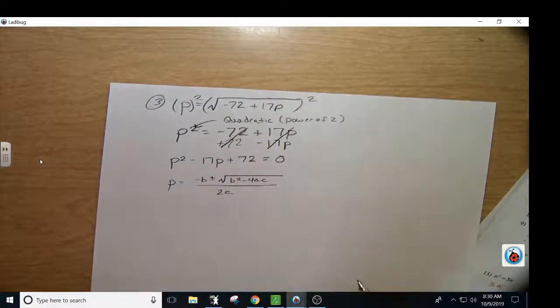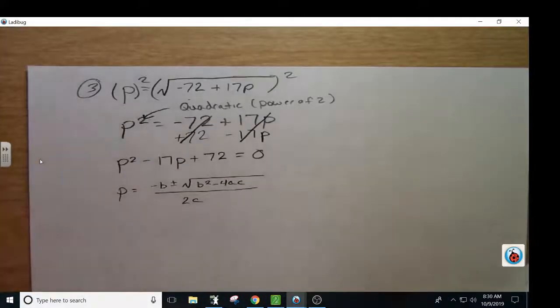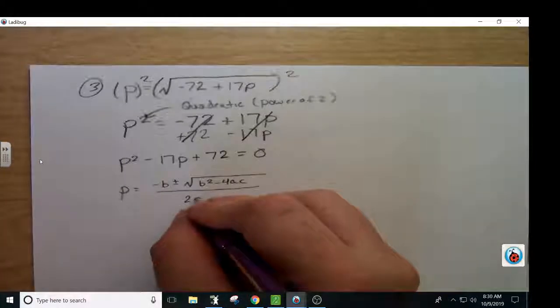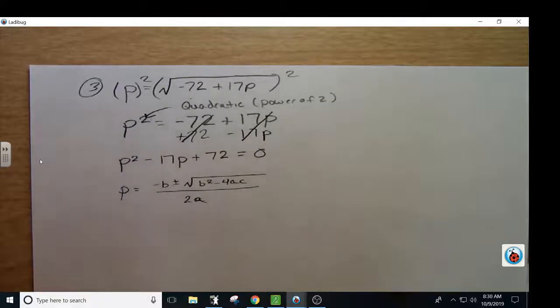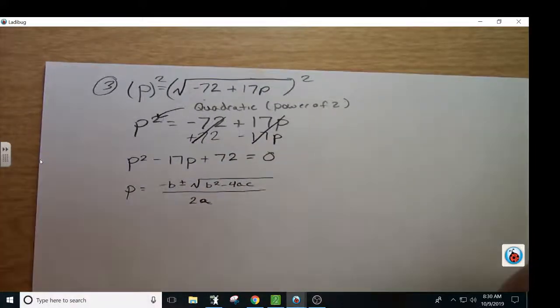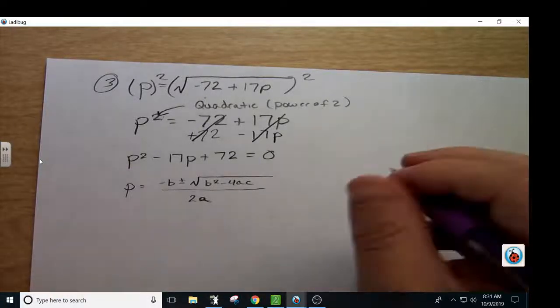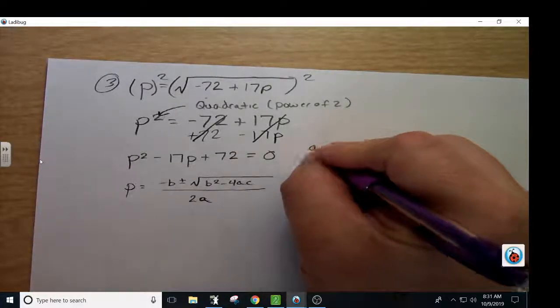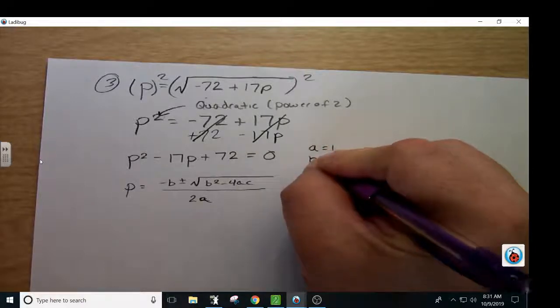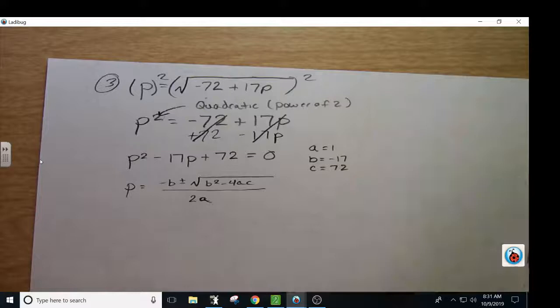That's your quadratic formula. Now, my a is 1, my b is negative 17, my c is 72.